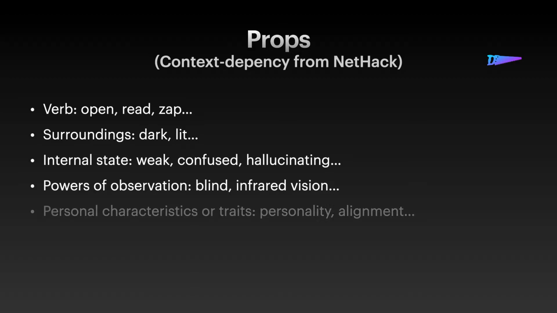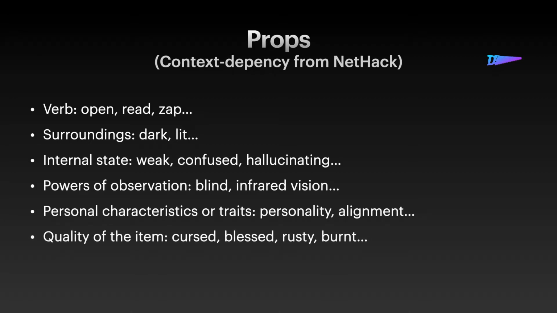The player's personal characteristics or traits, such as personality or alignment, can also affect how an item behaves or is perceived. Finally, the quality of the item can also change its behavior. For example, there's a big difference between a cursed and a blessed item, or an item that is rusty or burned.